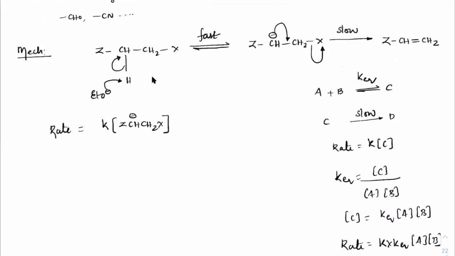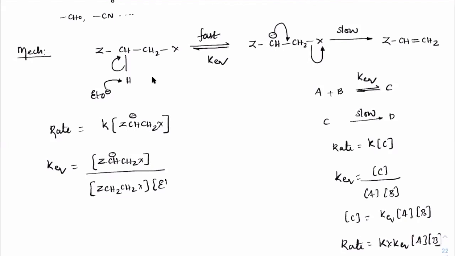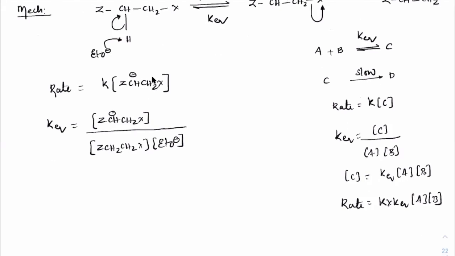So first I'll assume there is some equilibrium here. If I write that equilibrium constant, it will be equal to ZCH CH2X with minus divided by ZCH2 CH2X multiplied by EtO minus. These are the two reactants which you have. One is one reactant, this is the other.